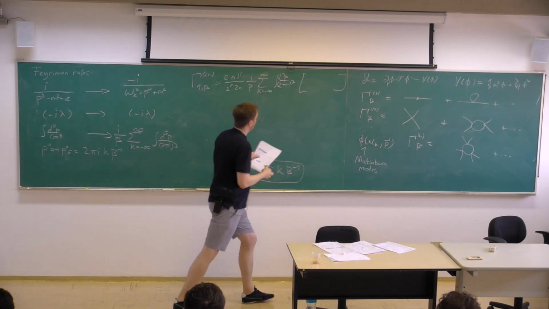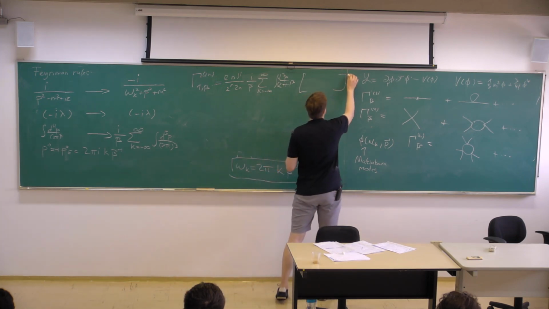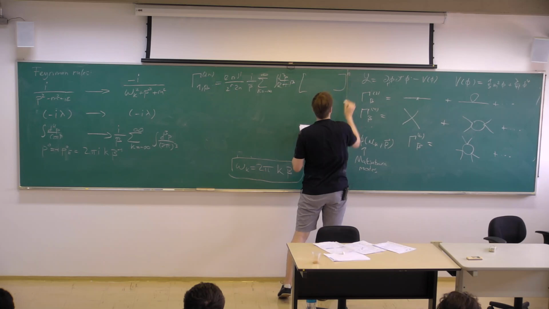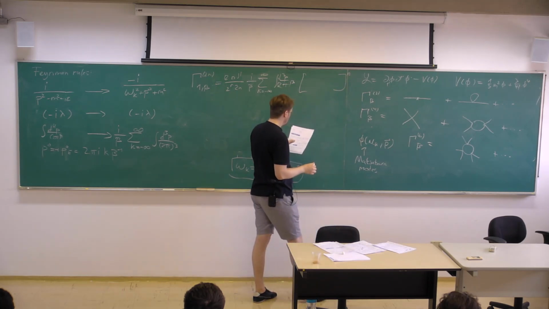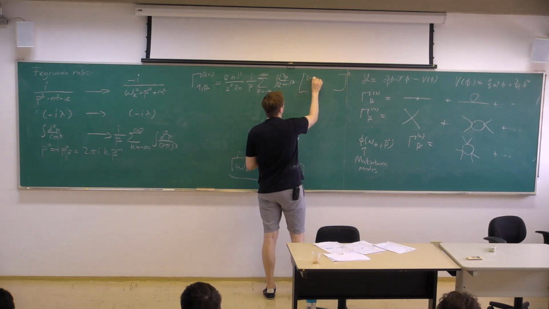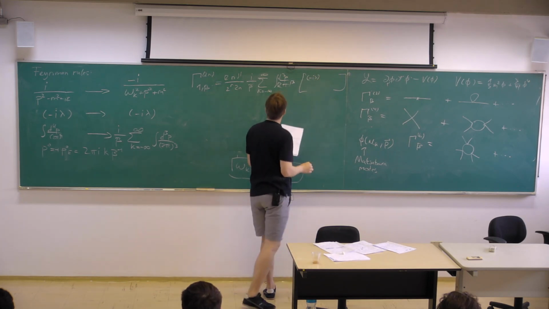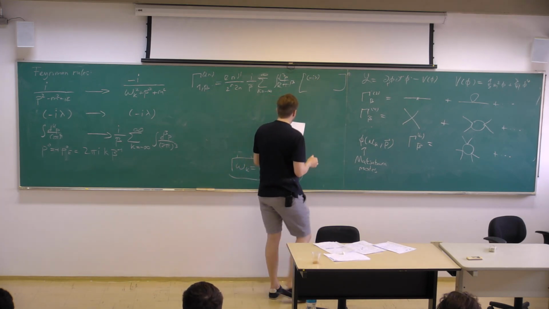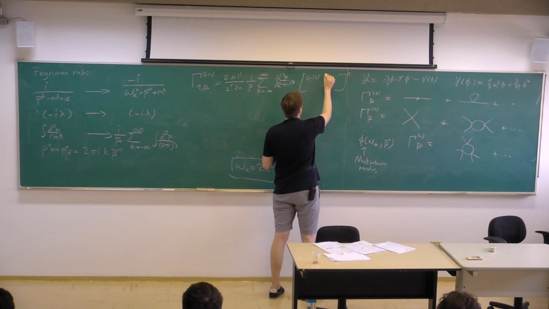For each vertex I get a factor minus i to the lambda, times lambda. And then the propagator.